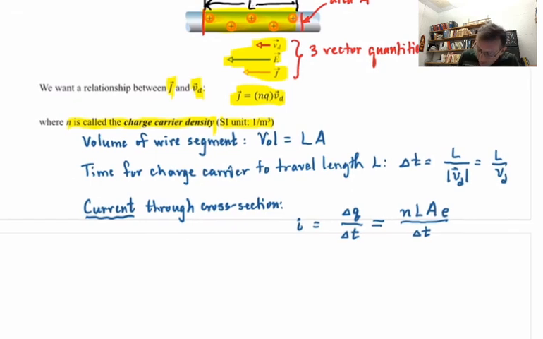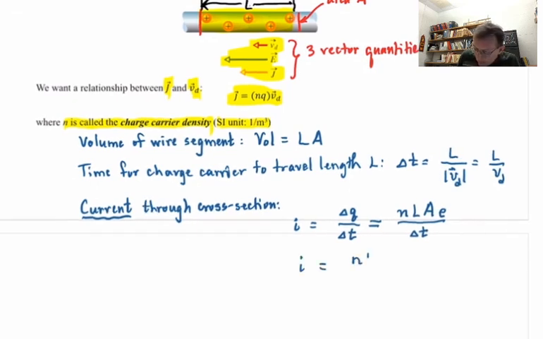Let me now substitute in my expression for the delta t as L over v_D. The L's cancel, and the v_D goes upstairs, so I have n, A, e times the drift speed. I've got an expression for the current. And then I can talk about the current density.